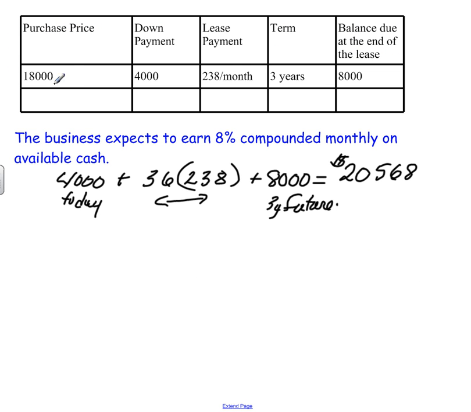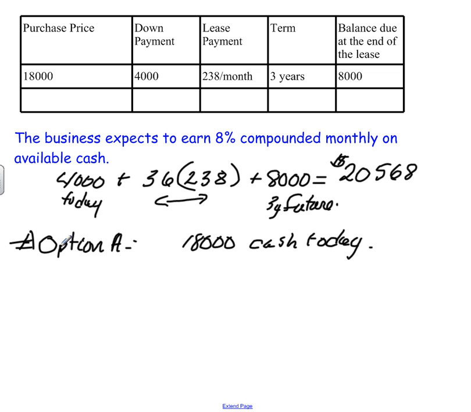What we have here is two options. This $18,000 is today's value. So we're going to analyze option A, which is $18,000 cash today. That's buying the car.